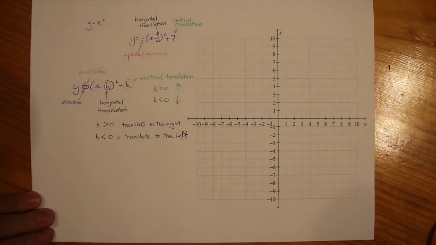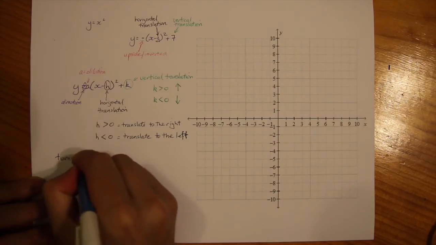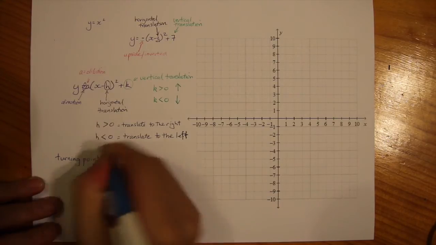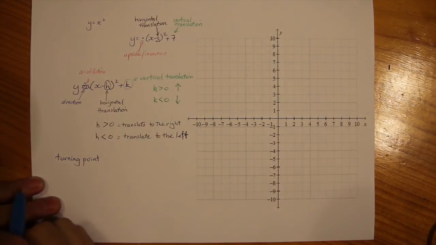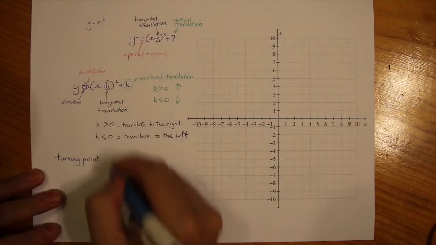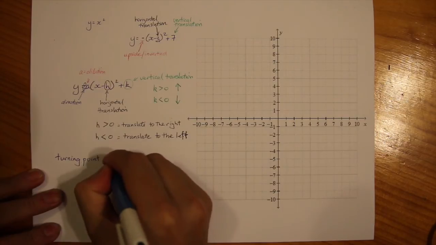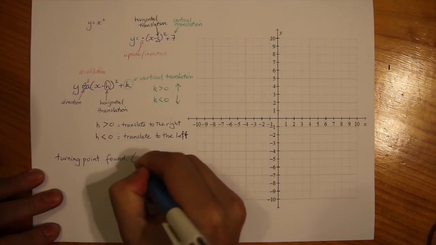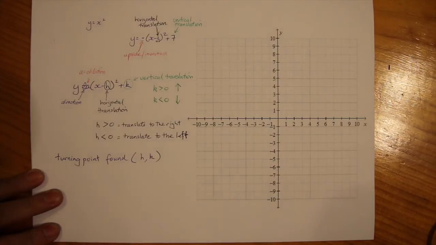The last thing that I want to talk about is the turning point, or the vertex. By looking at the equation here, you can actually identify where the turning point is. The turning point is going to be found by (h, k).